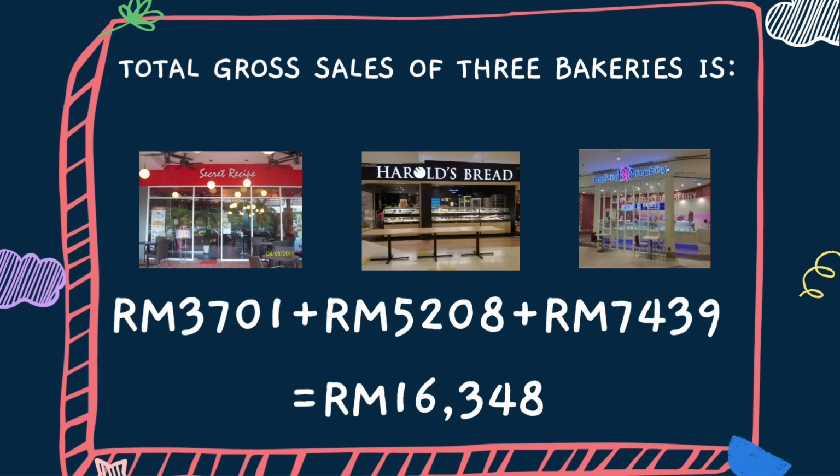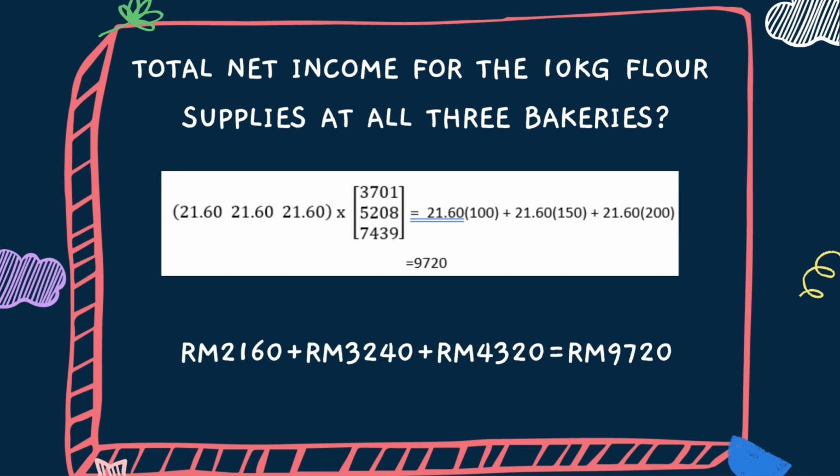Next, how to find the total gross sales of the 3 bakeries? So, we just add the total price supplied for each bakery from the previous solution and get the total gross sales. The answer is 16,348 ringgit. Lastly, the total net income for 10 kg bags of flour supplied at the 3 bakeries is 9,720 ringgit.